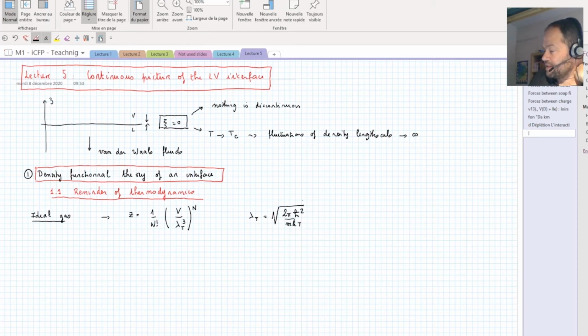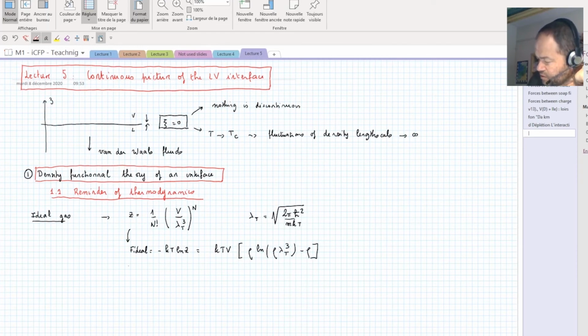And based on that, you have that the free energy for the ideal gas is minus kT times the logarithm of Z, and is kTV times rho times the logarithm of rho lambda_T squared, minus rho. And what you want to deal with is the free energy per volume.